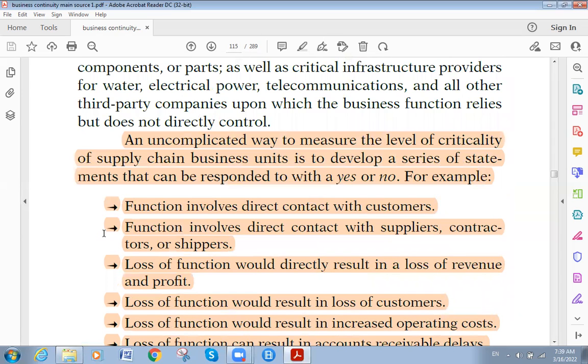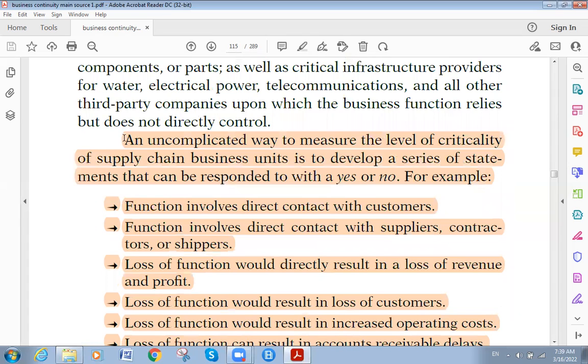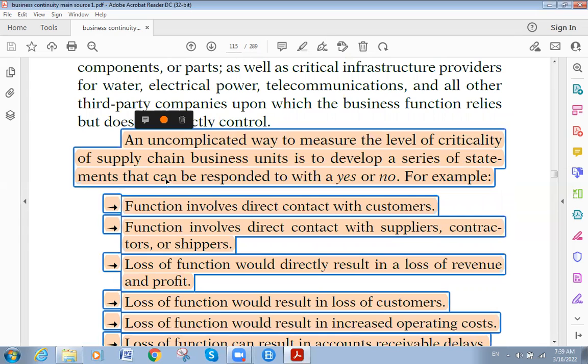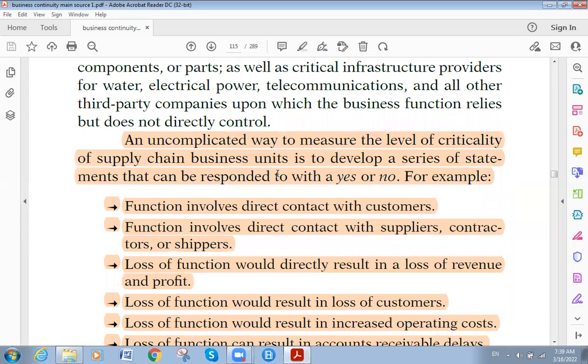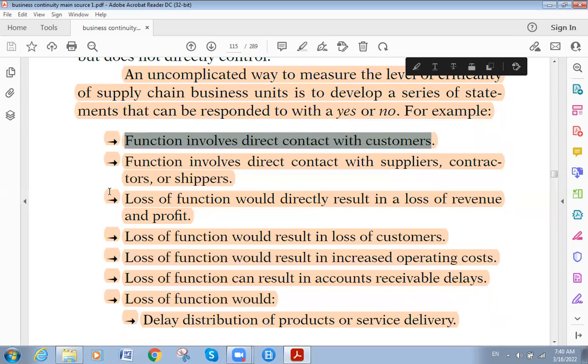One thing more we have to say here, that an uncomplicated way to measure the level of criticality of supply chain business units is to develop a series of statements that can be responded to with yes or no. For example, the function involves direct contact with customers.